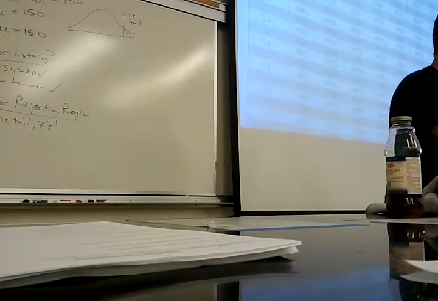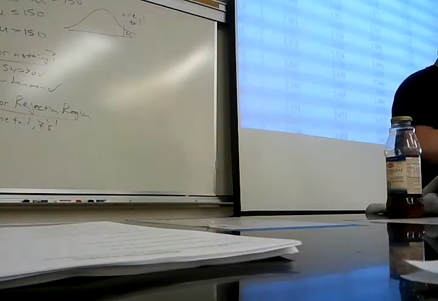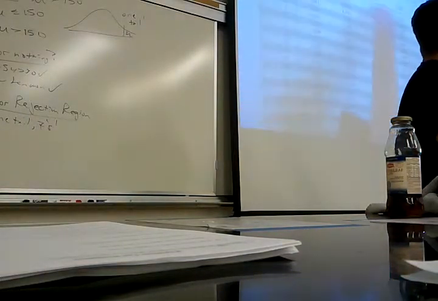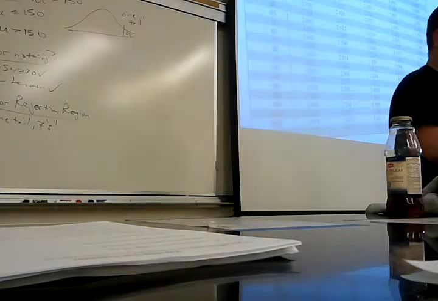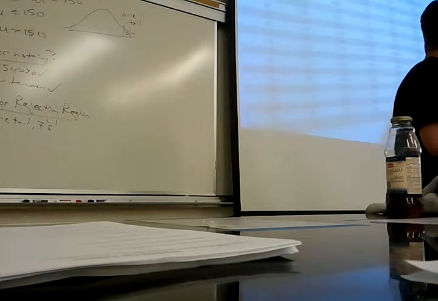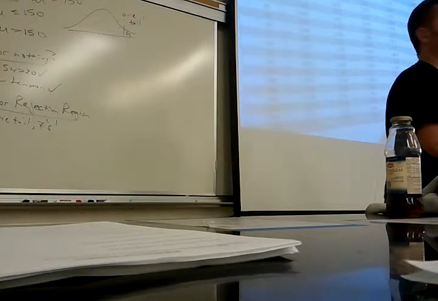So it's a one-tail test. Alpha's 0.05. I want to use the z-score. I know I'm looking at the cheat chart, but as long as I go all the way down, 1.645, that's my critical z-score.